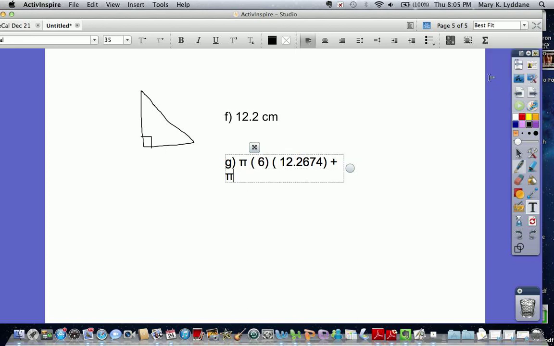So that gives me pi times 6 squared, which is pi times 36, giving me a total surface area of 344 centimeters squared. So my surface area units are squared.